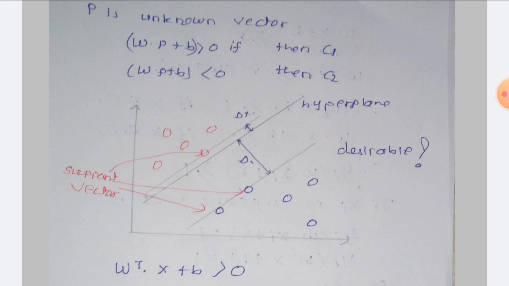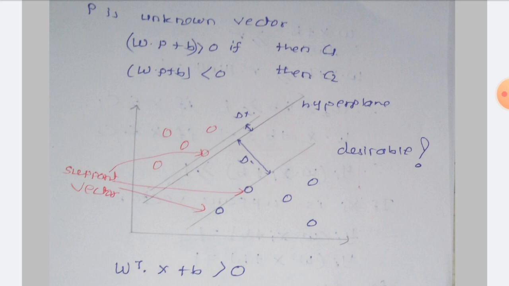So if W^T x + b is just greater than 0, the hyperplane is correct, and we get d plus and d minus greater than 0, but the distance d plus is very less than d minus. So this kind of design is not desirable.